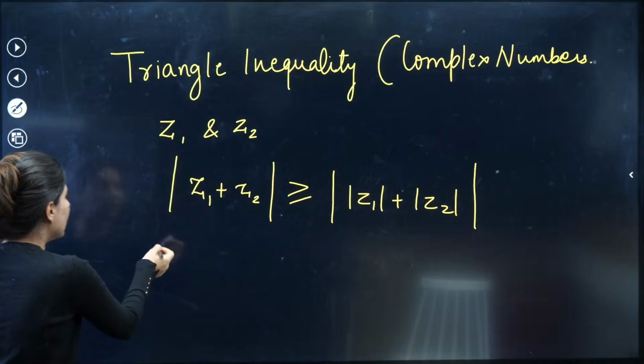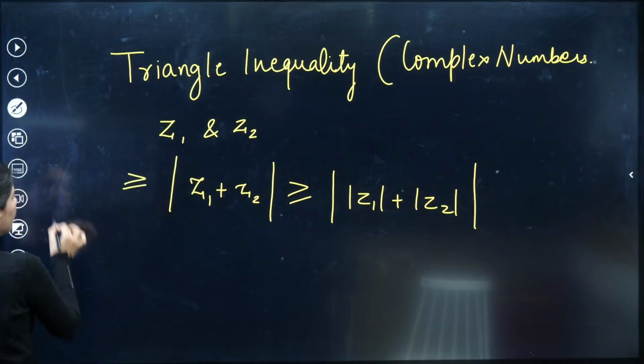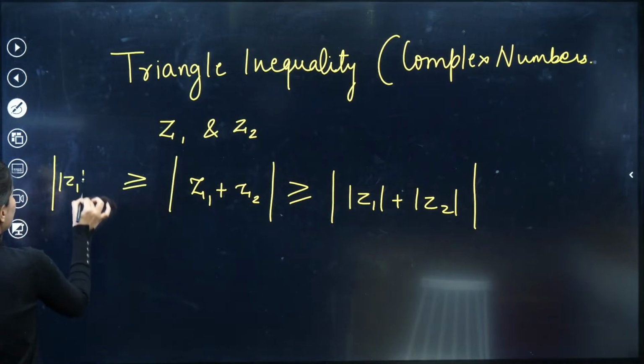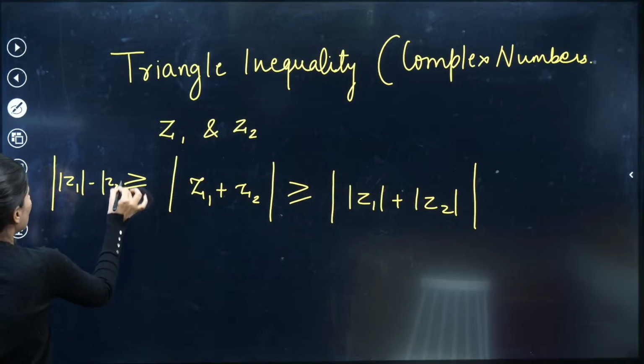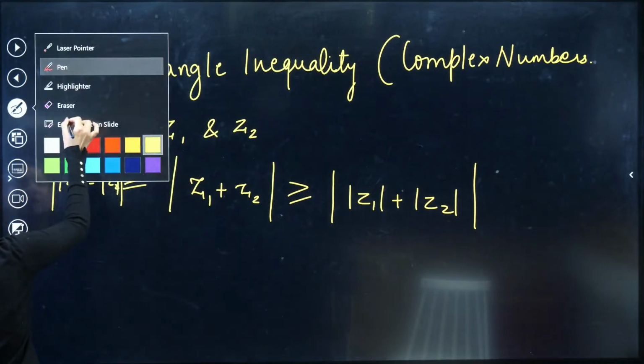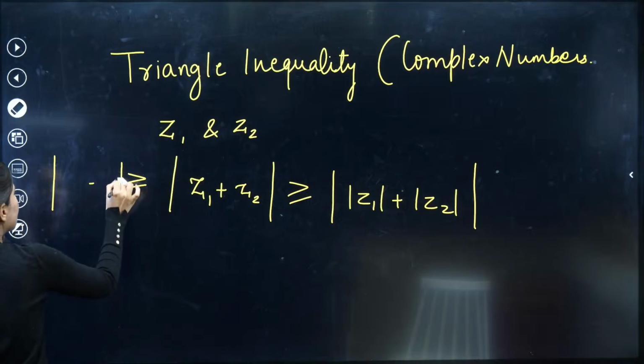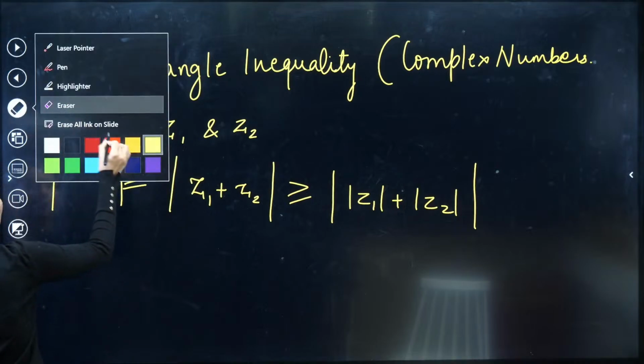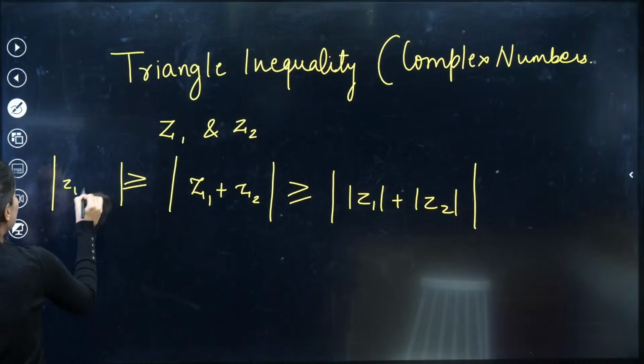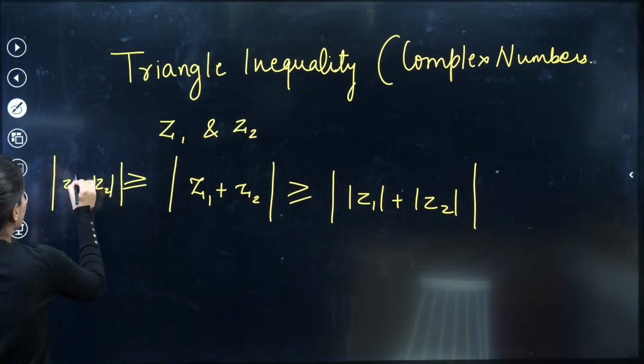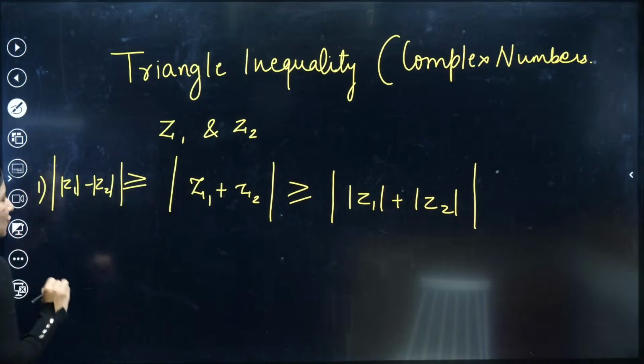And this will be less than or equal to mod of mod Z1 minus mod Z2, or simply you can write Z1 minus Z2 mod as well. This is your first triangle inequality.